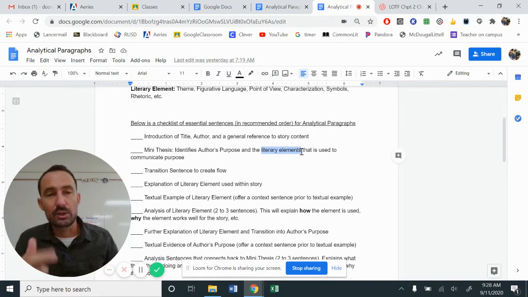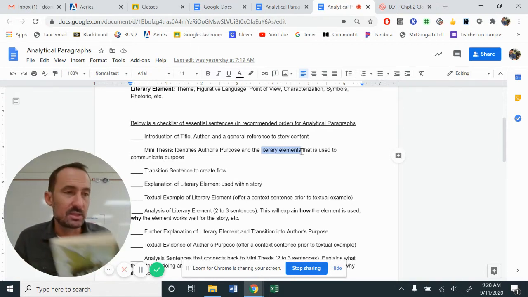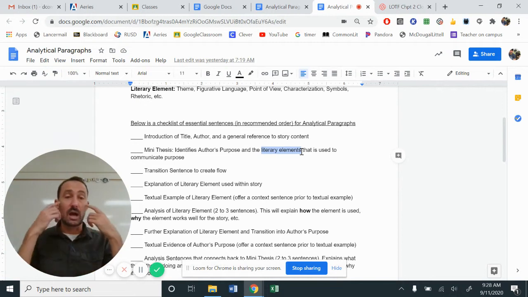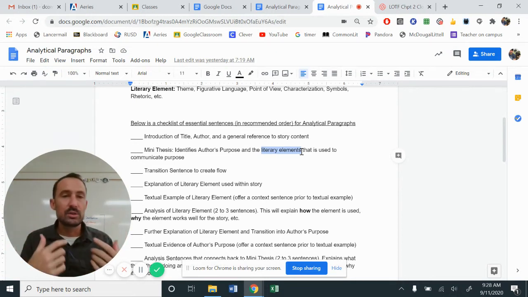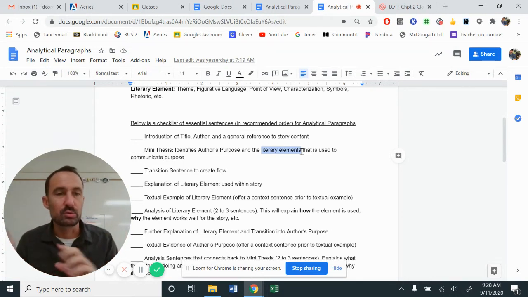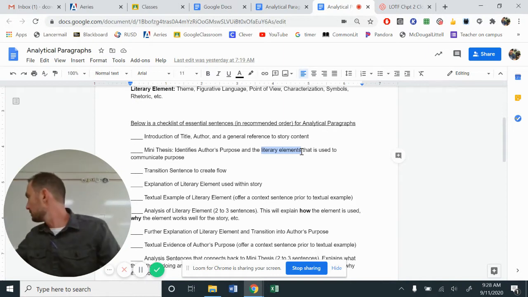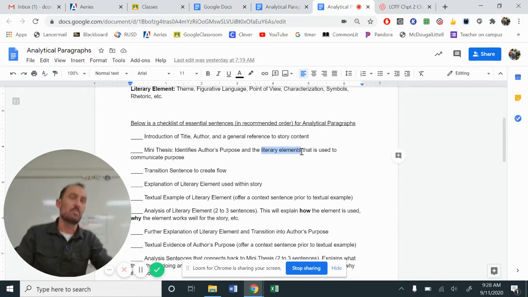So right here, you will create a mini thesis statement. Now, as always, if you get stuck with a thesis statement, always use the phrase, the point I'm trying to prove, okay? Let me write it up over here so you guys can remember.